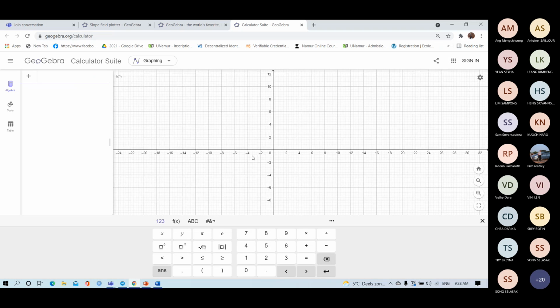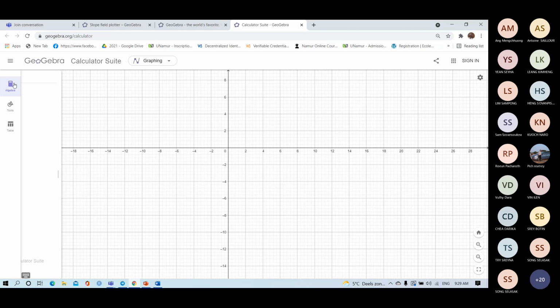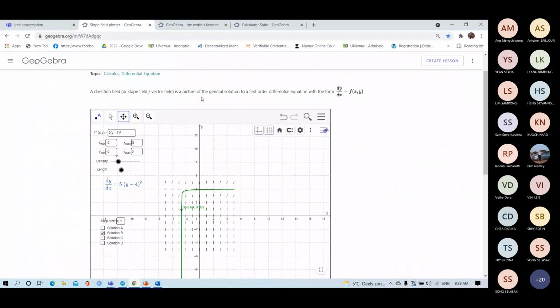You see, you have the graph and you can input different algebra here. You have tools to draw a line or something else. You have a lot of things here, but for our case, because we only use the slope field, that's why I pick this one. If you identify from the first state, we cannot build it. You have to follow the course of the other.